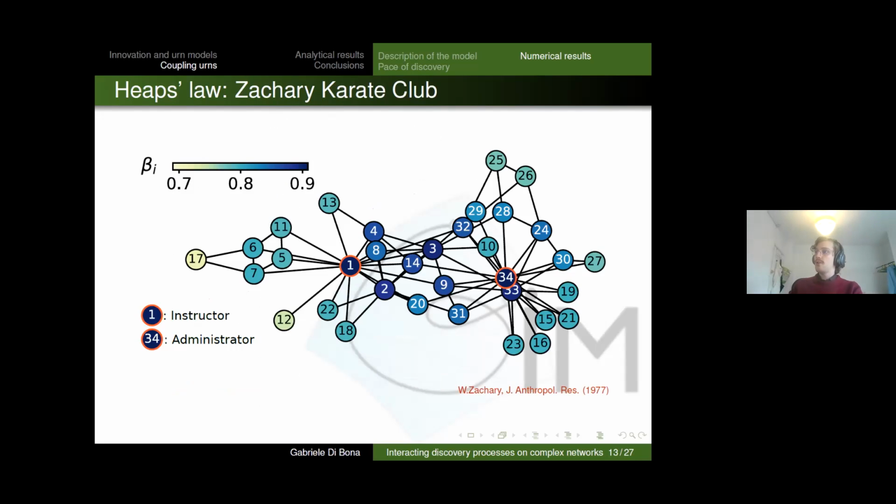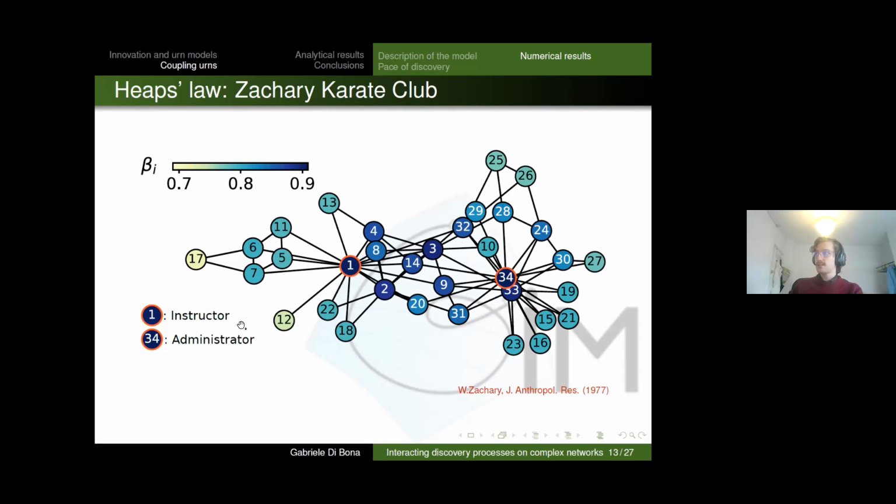Before going to the analytical, let's continue with the numerical solution with bigger networks to see what happens. For example, let's get back to the Zachary Karate Club network. Now the color is just a representation of the Heaps exponent: the bluer the color, the higher the exponent. There are 2 nodes in particular, node 1 and node 34, which are the most central nodes in the network.